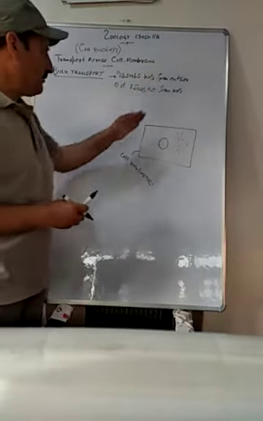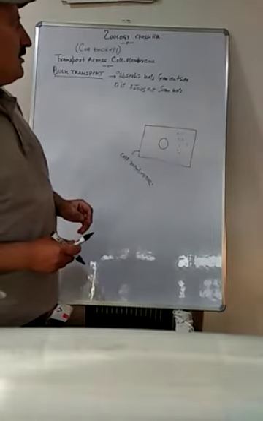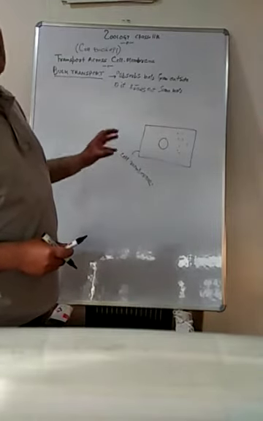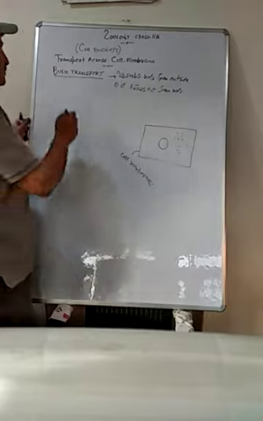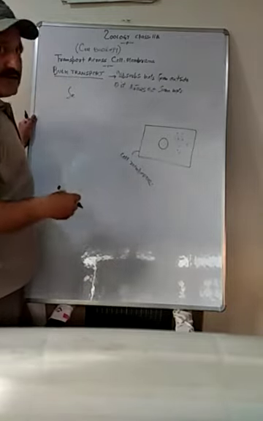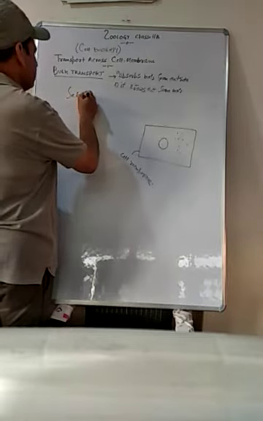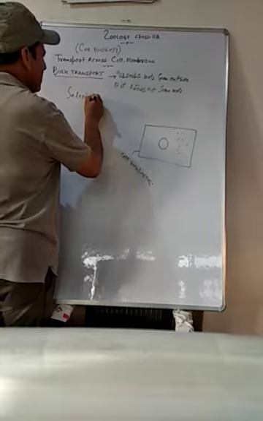Now here the main property or main function of the cell membrane is to act as a membrane which helps in selective absorption of material or selective excretion of the material. That means it acts as a selective membrane.